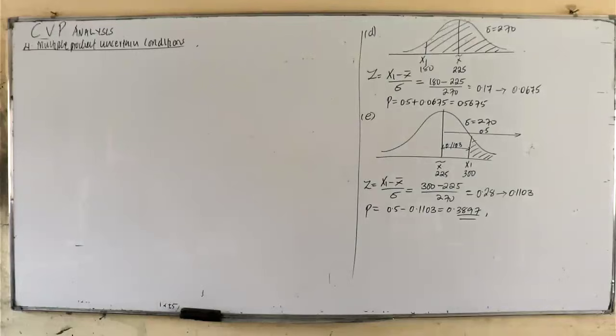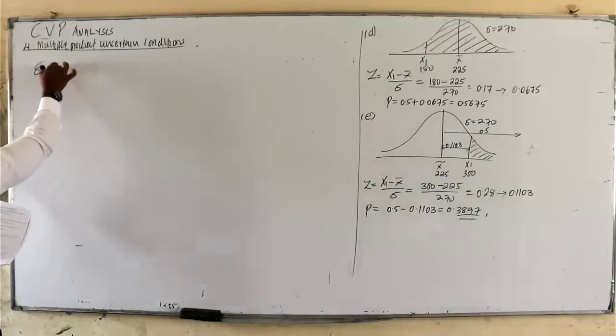In case of two products, how do we get the standard deviation in case we have product A and B?